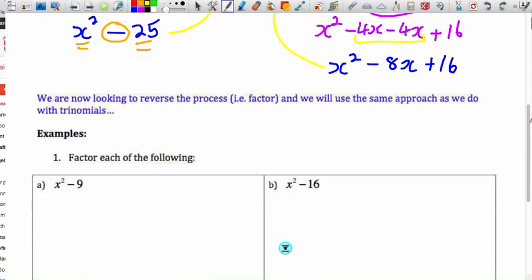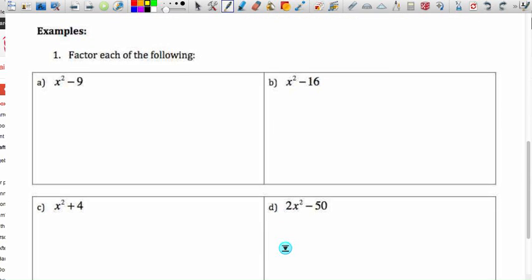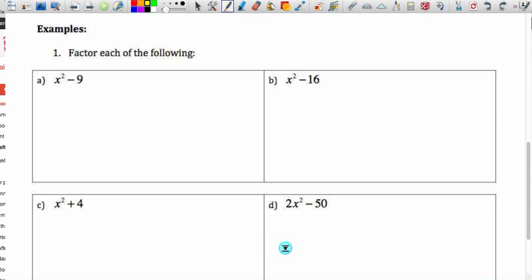Okay, so let's get straight into some examples. What we have now is a series of examples which each contain two terms, and when we have two terms, what we're focusing on is the possibility, of course, of the difference of two squares. Obviously we have a minus sign in there, we have x squared, and we have 9.